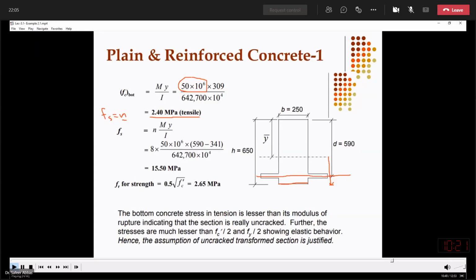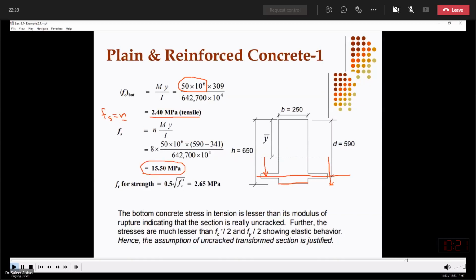This is the moment. Y is the distance from here up till that point. So it will be 590 minus 341, divided by I. So we will get fs, the stress at the level of steel, equals 15.50 megapascal.